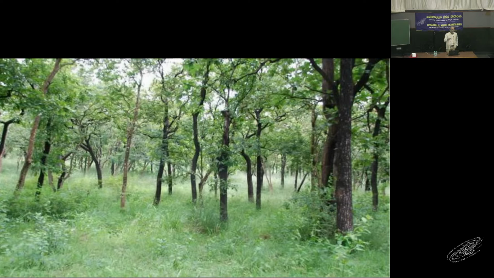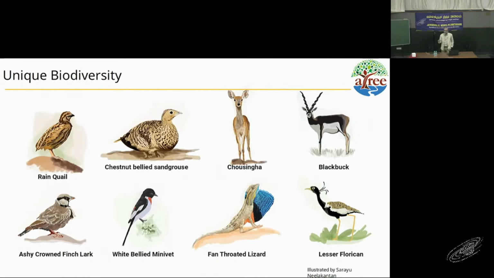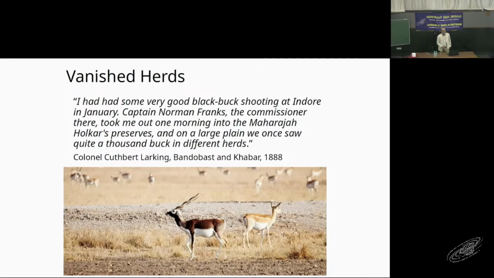But we know that savannas in India are ancient, millions of years old. We know this through a range of historical and archaeological information. But we also know this because a lot of savanna-adapted species are still found here, species that are unique to these dryland ecosystems. And at some point in our history, we also had vast herds of antelopes.